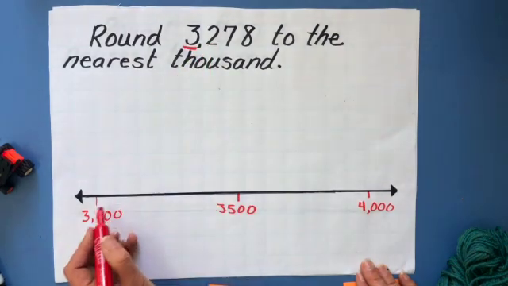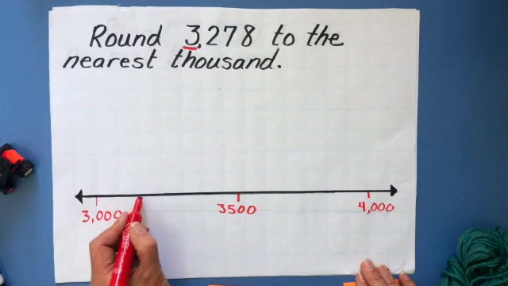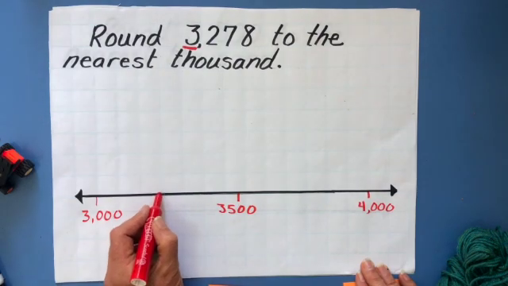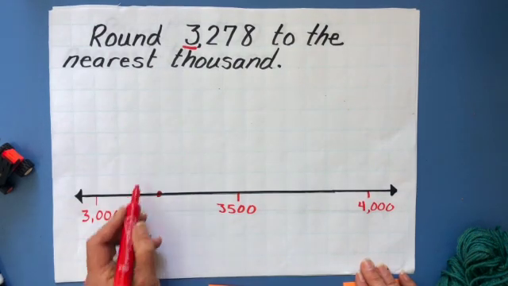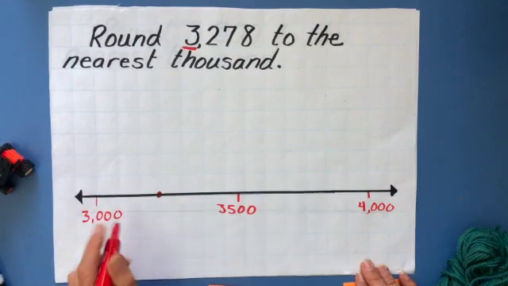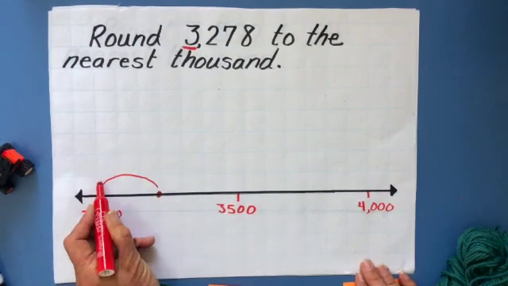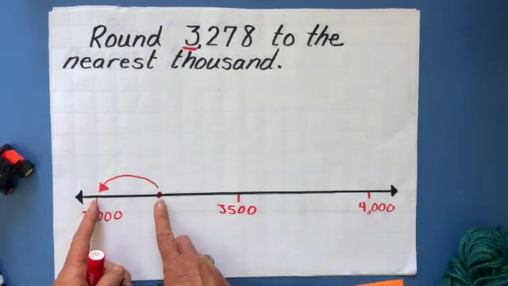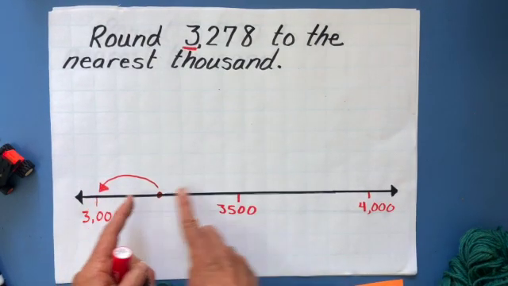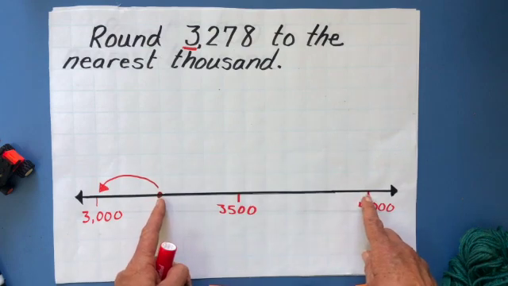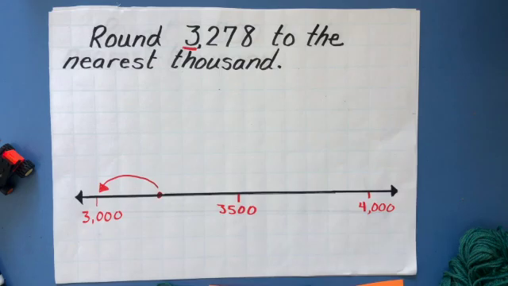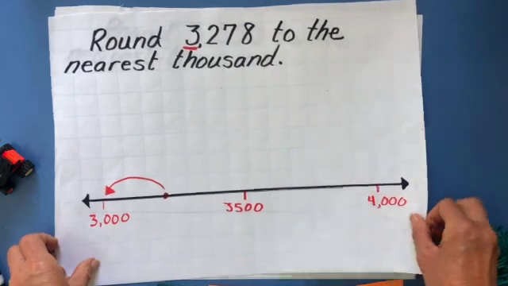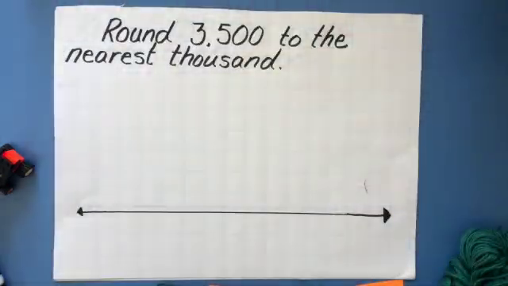And then this number here would probably be right about here. I notice it's closer to the 3,000, so it would round to this number, because the distance between here and here is much shorter than the distance between here and here. Okay? Next problem, and we'll do it both ways each time.